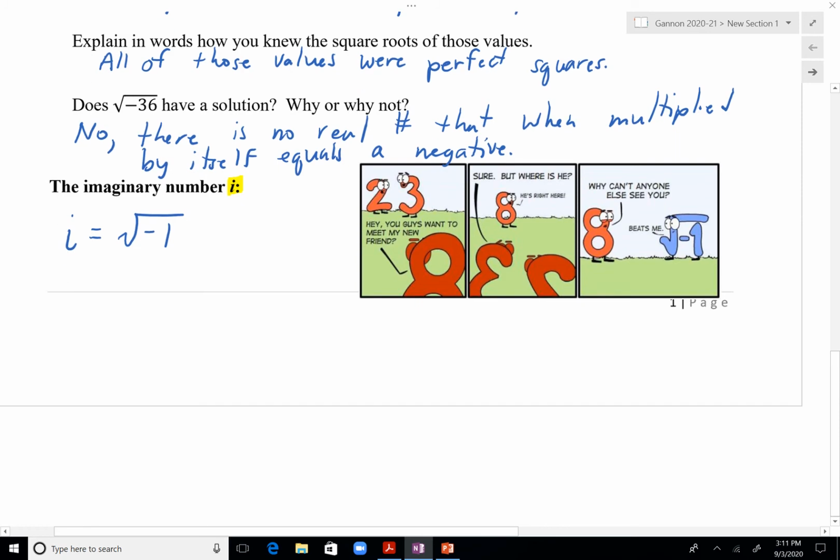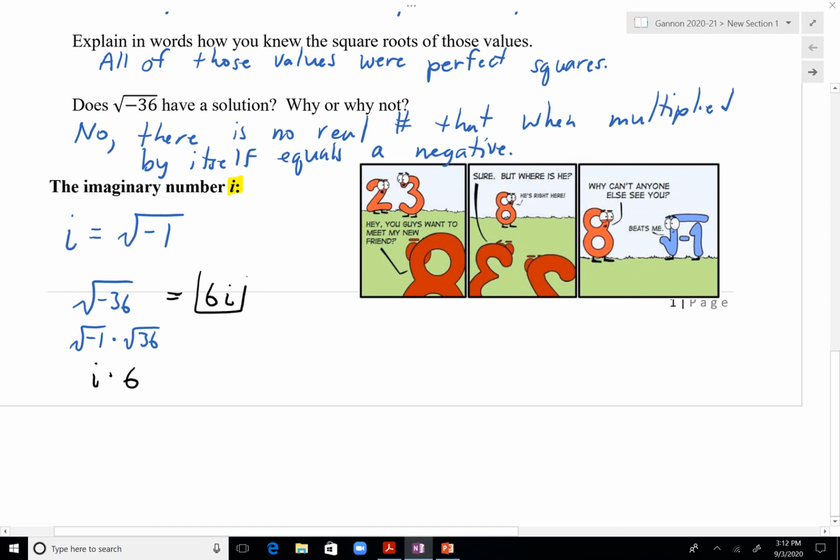Because of that, we could take the square root of negative 36 and rewrite it as the square root of negative 1 times the square root of 36. The square root of negative 1 is i, and the square root of 36 is 6. So now we can say that the square root of negative 36 is equal to 6i.